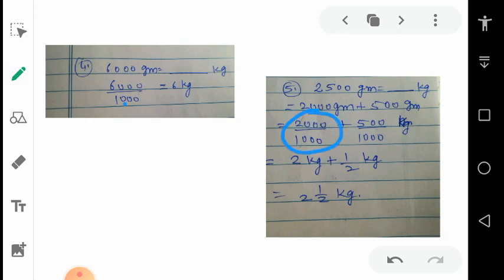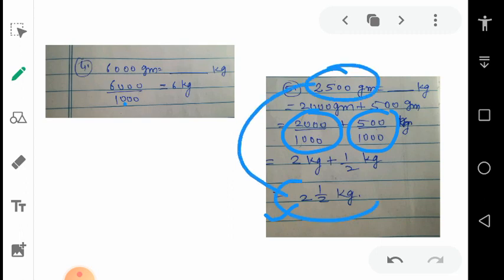So 2000 upon 1000 and 500 upon 1000. So it is 2 kg plus half kg, because 500 gram is equal to half kg. By adding them we get 2.5 kg. So we can say 2500 gram is equal to 2.5 kg. All right. Dealing with the mixed fraction is more important.